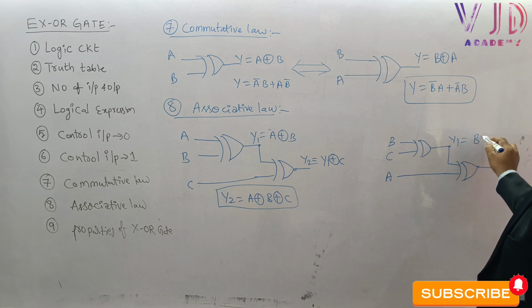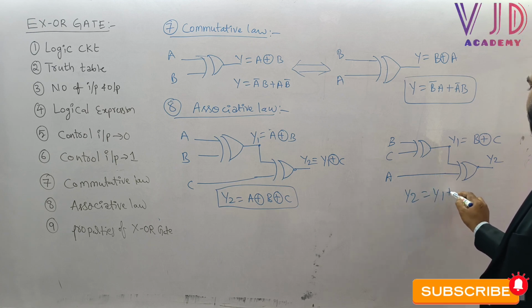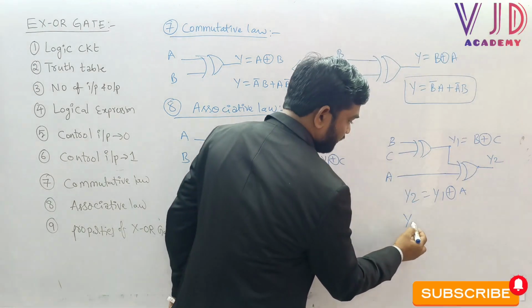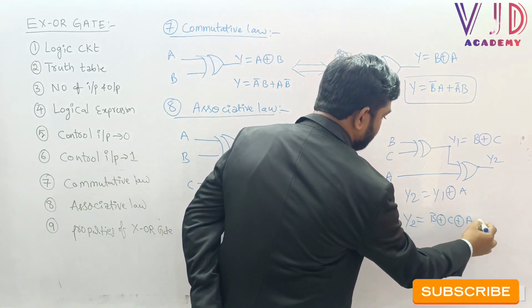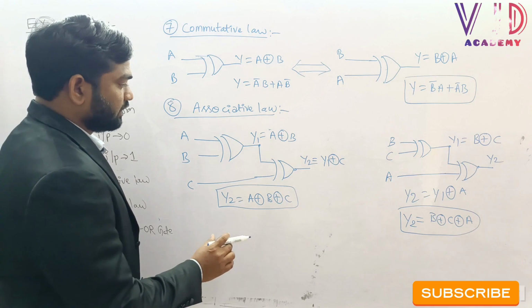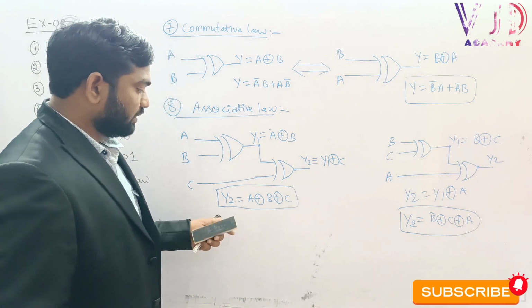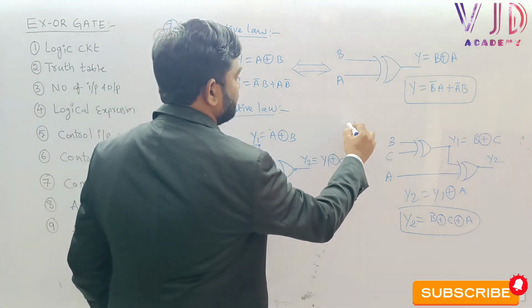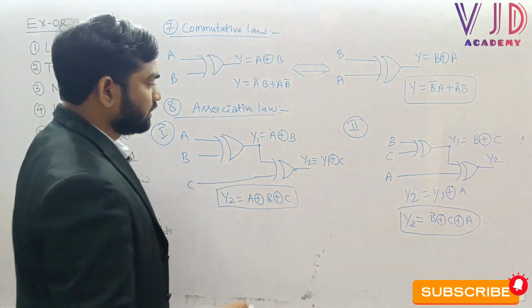Here Y1 equals B XOR C, and Y2 equals Y1 XOR A, so finally I can write Y2 equal to B XOR C XOR A. Based upon these two conditions, we can say that XOR gate is not following associative law, because when we draw a truth table for these two conditions, case 1 and case 2, the outputs are not equal, so XOR gate is not following associative law.